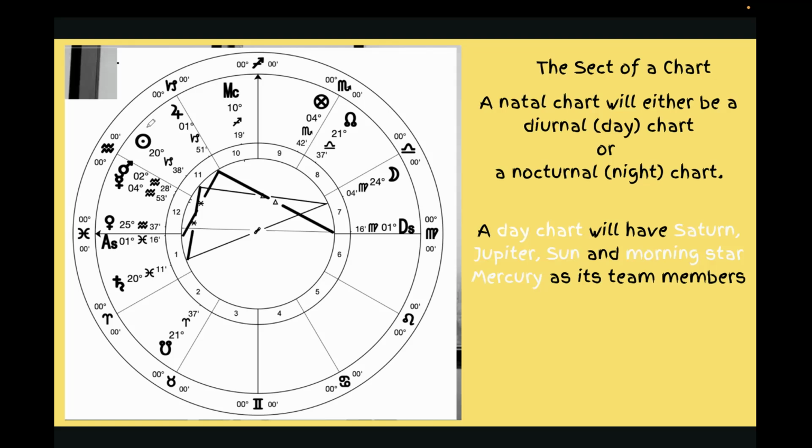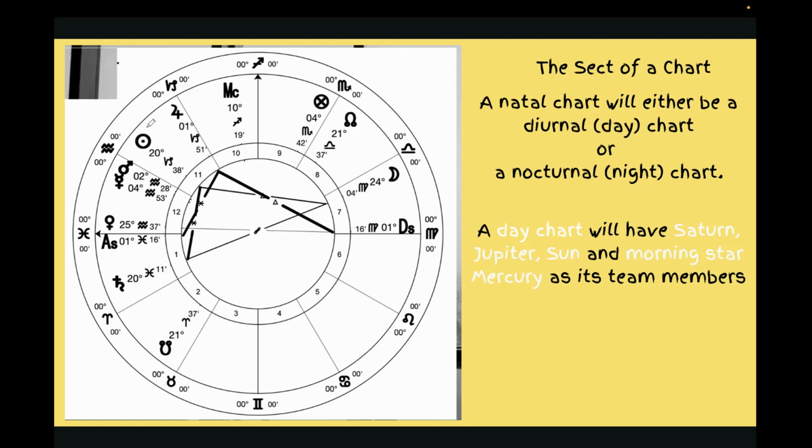In traditional astrology, we have these aspects only: a trine, a square, a sextile, an opposition, and an in-house conjunction. Those are the aspects that we have.